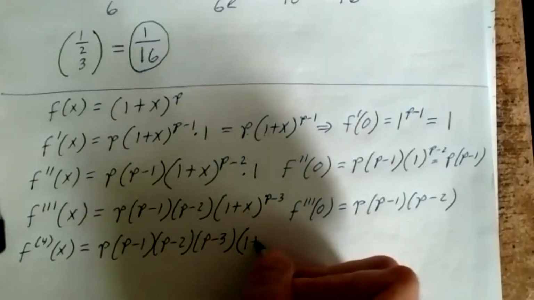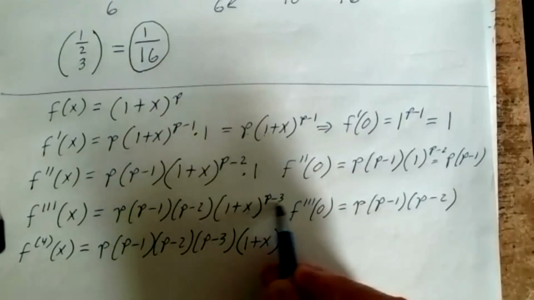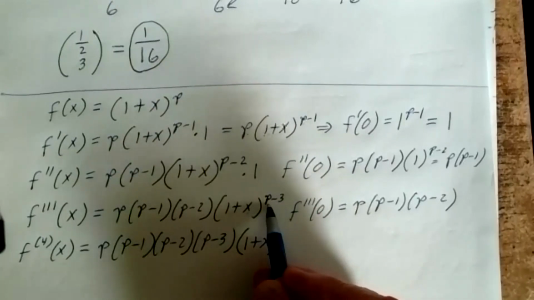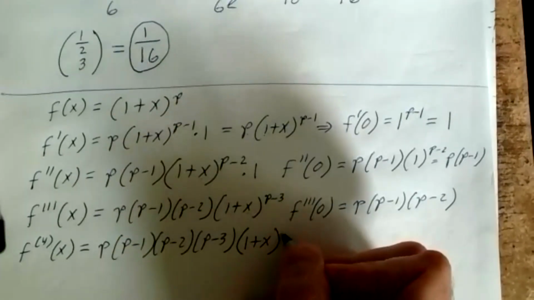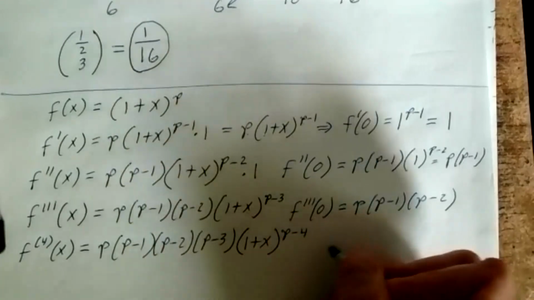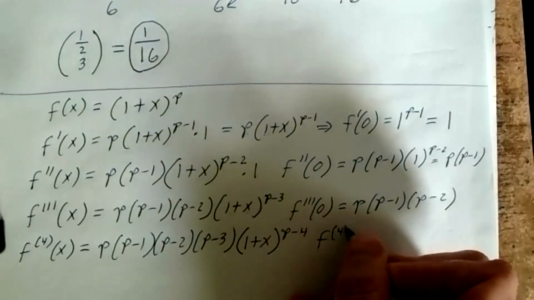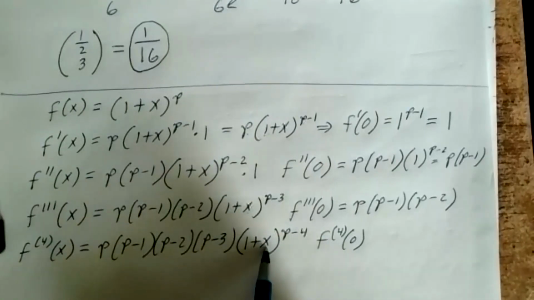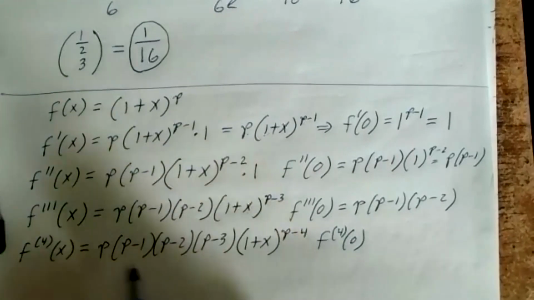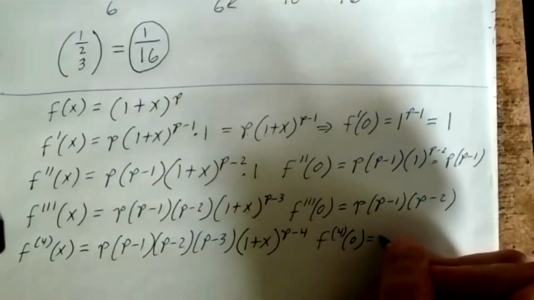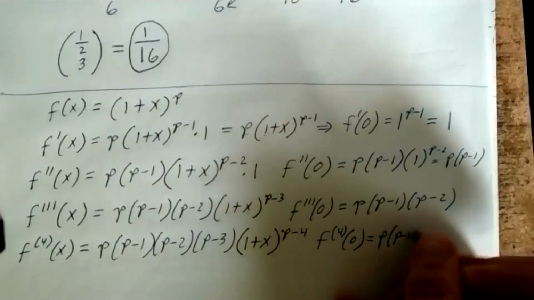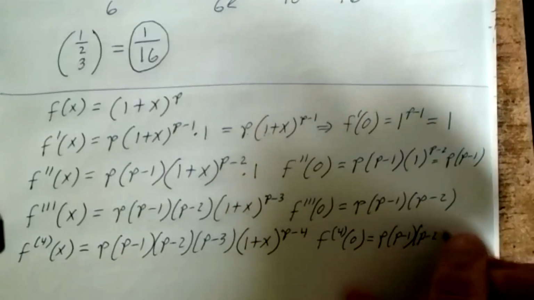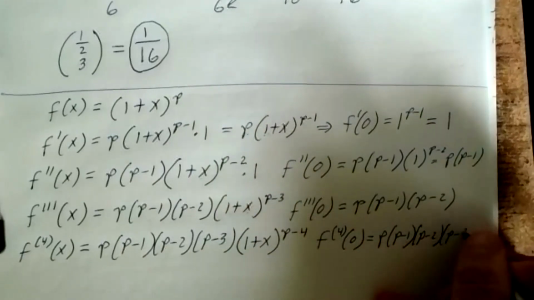So it's times 1 plus x raised to this power decreased by 1, which p minus 3 minus 1 is p minus 4. Evaluating our fourth derivative at 0, you can see again that this is going to become 1. 1 to any power is 1, and therefore our fourth derivative evaluated at 0 is going to be p times p minus 1 times p minus 2 times p minus 3.